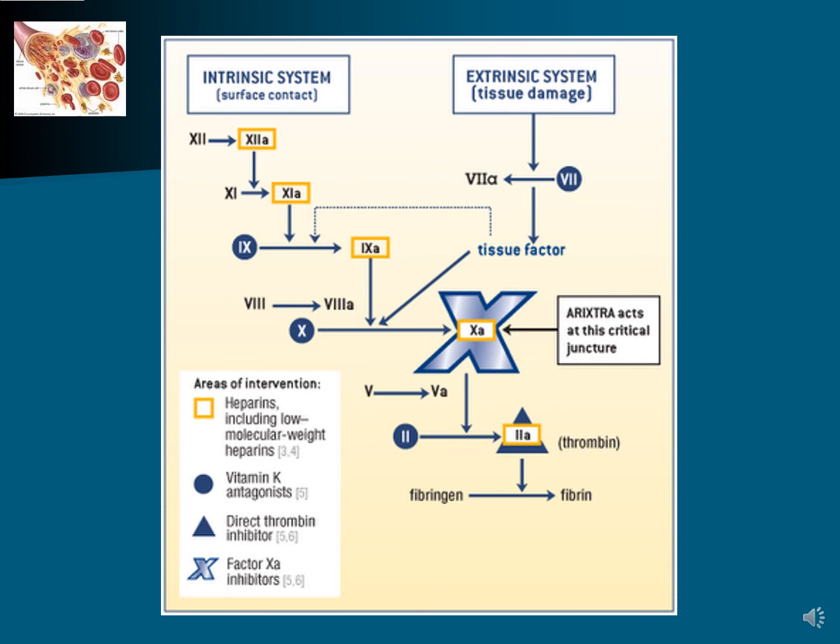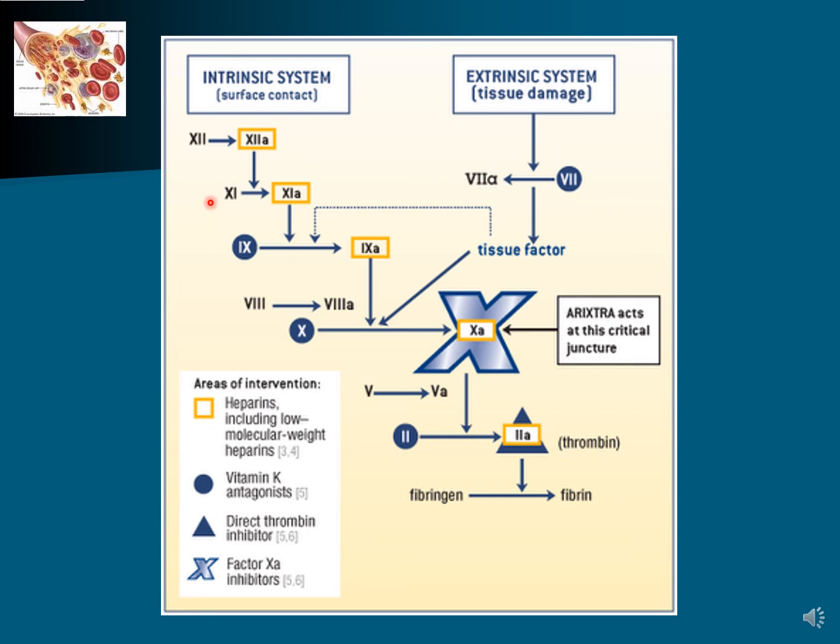So this slide is a summary of the effect of the different anticoagulants, regardless of their route of administration. Here you can see the ones that have a yellow box around, that's the heparin, so the unfractionated heparin and then the fractionated heparin.